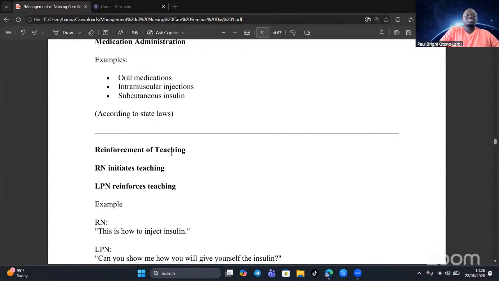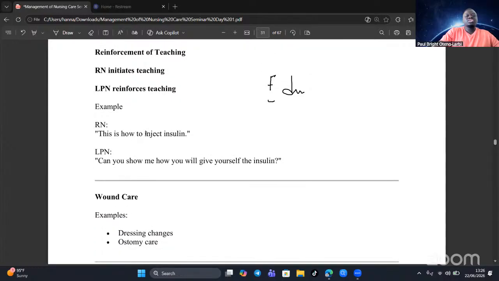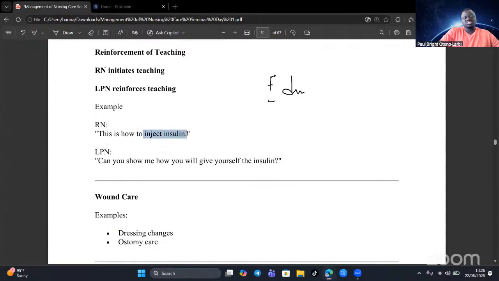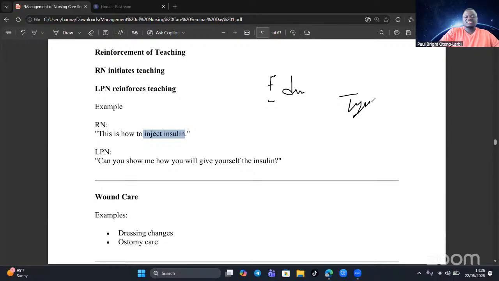The LPN can reinforce teaching. Okay. So the RN will always start the teaching, the education, but the LPN will reinforce it. Example, the RN will say, this is how to inject insulin. A patient with type 1 diabetes has been discharged. He is going home. They have prescribed long-acting insulin for this patient.